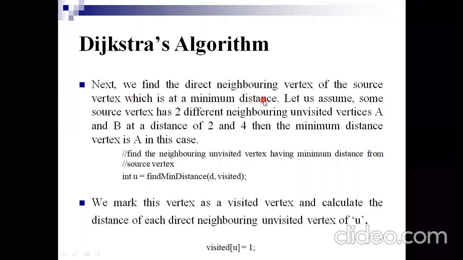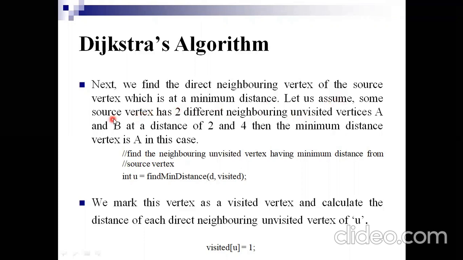It should be at a minimum distance from the source. Direct neighboring vertex refers to a direct edge from the source vertex. Let us assume that for some source vertex, we have two neighboring unvisited vertices. Remember, the vertices you consider should be unvisited ones. So you directly find, from the source, the adjacent vertices which are unvisited.